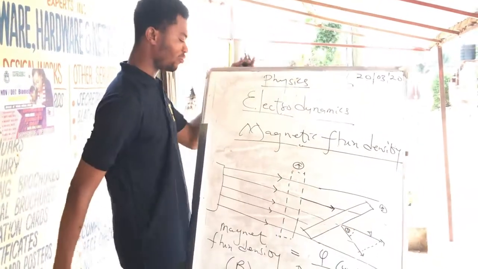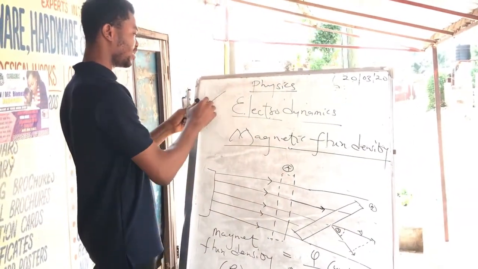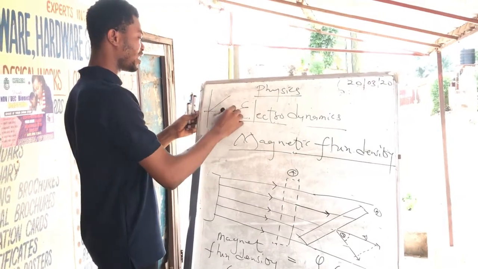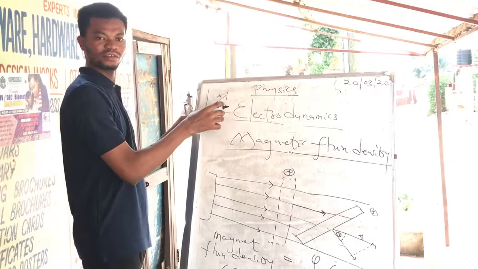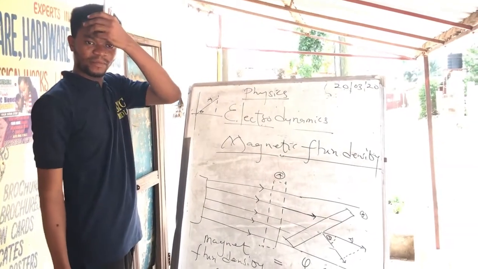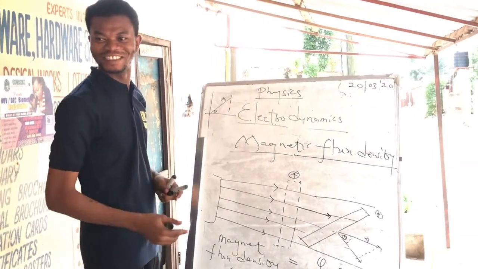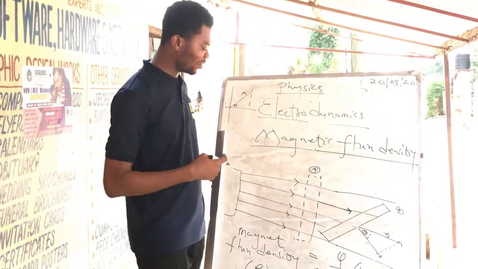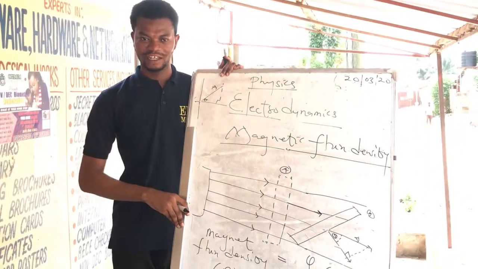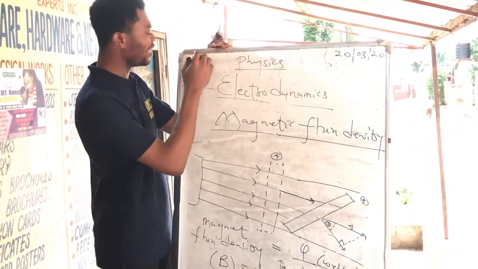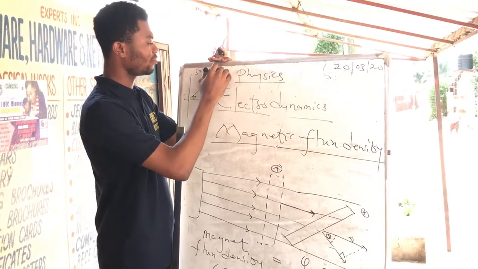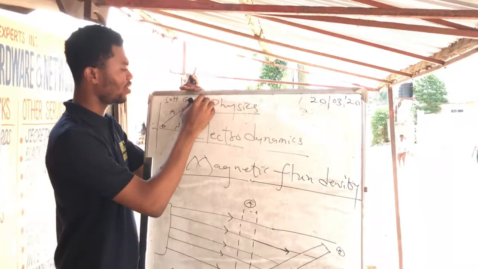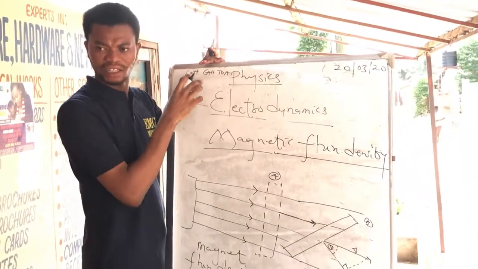You've done resolving, isn't it? So if I have something like this, how do I get this part? You resolve it and tell me. We have this one, and we need this.